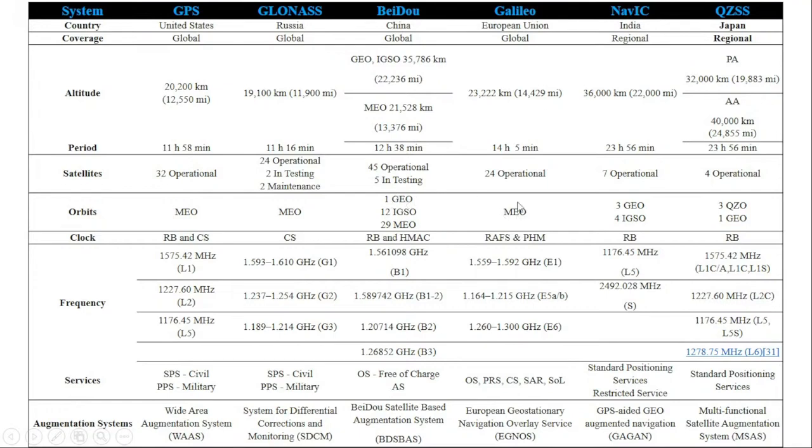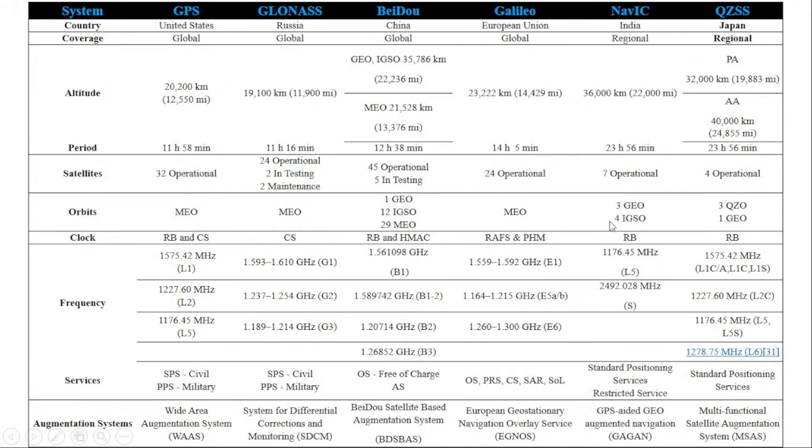We can say that GPS, GLONASS, and Galileo have similar infrastructure in space, while Beidou is also comparable to these three but has inclined geosynchronous as well as geostationary satellites. India has only inclined geosynchronous and geostationary: 4 are inclined and 3 are geostationary.